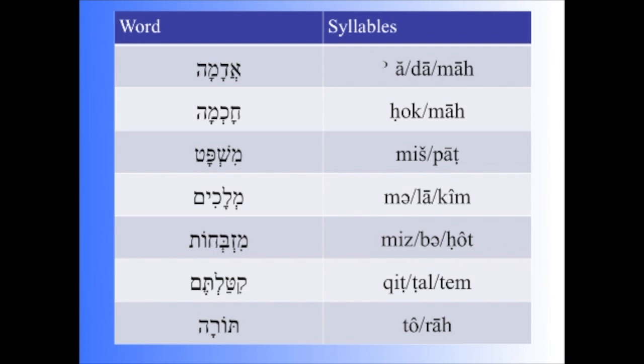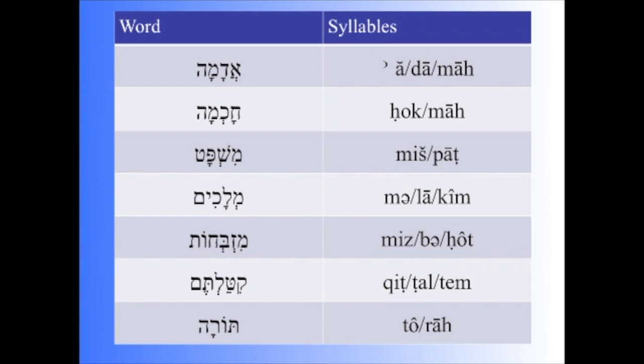So we're going to assume that the mem, chirik, shin is one syllable, it's closed, and the silent shva follows. So mish, mishpat, the final syllable gets the stress, and this is going to be an A vowel because it is in a stressed syllable.